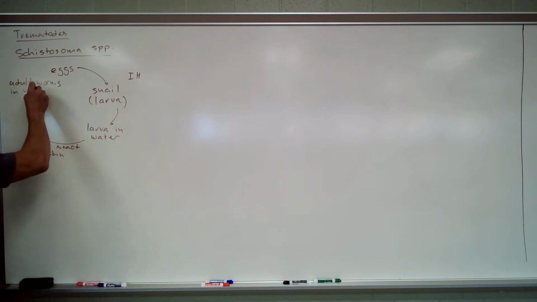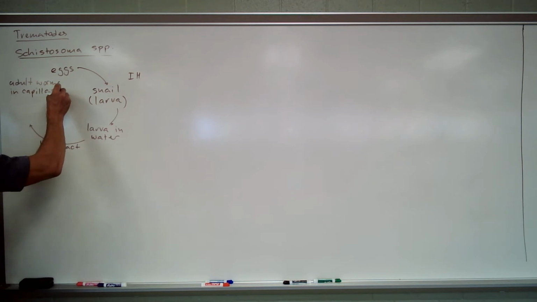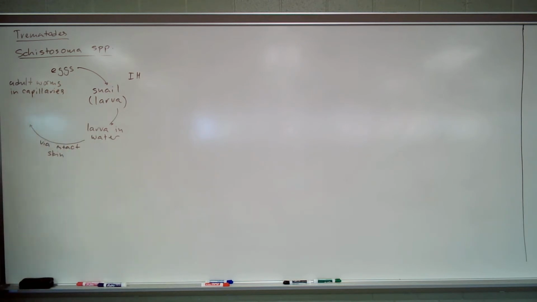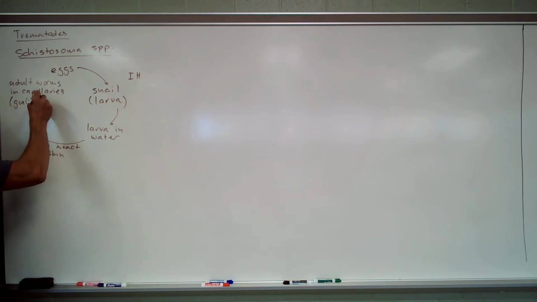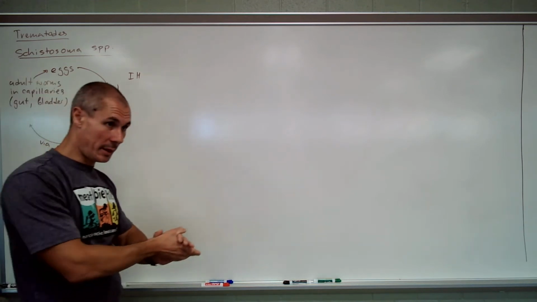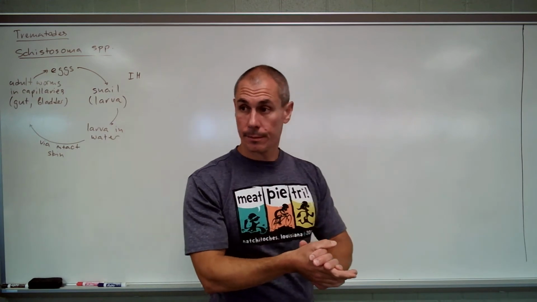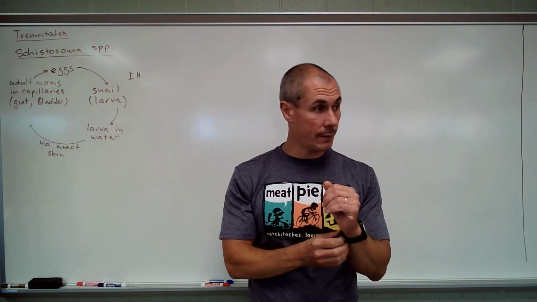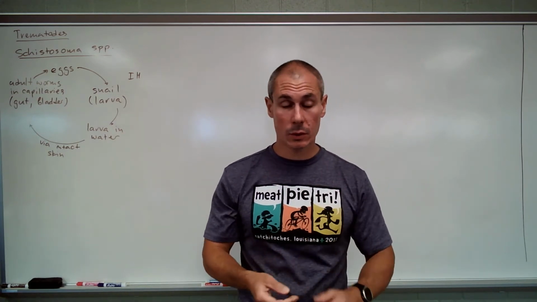Adult worms populate capillary plexuses around the gut and urinary bladder. Does that make sense? We good so far? Okay.